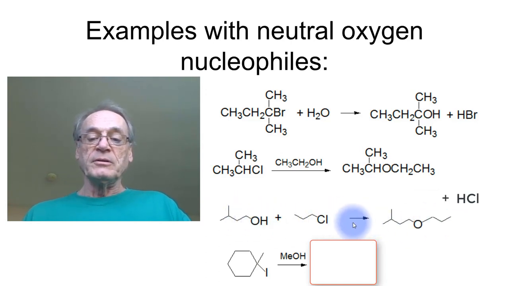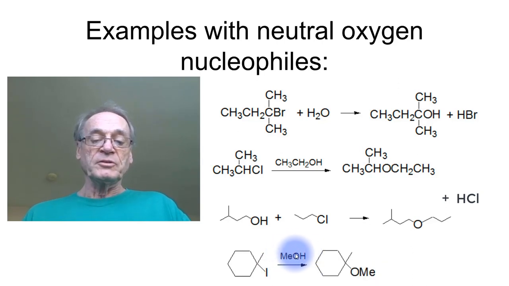So here is the CH3, CH2, CH2 chlorine, CH3, CH2, CH2 oxygen, and then the group that was on the oxygen is still there. The hydrogen that was on here initially would have been on this oxygen, but it gets lost, and so you end up with a neutral ether in that case. Same idea here, the iodine gets replaced by the methanol, but then it loses its H+, and you end up with a methoxy group on that same carbon.